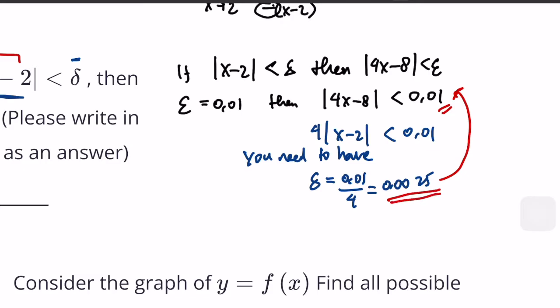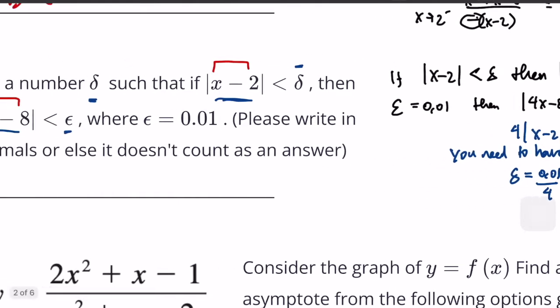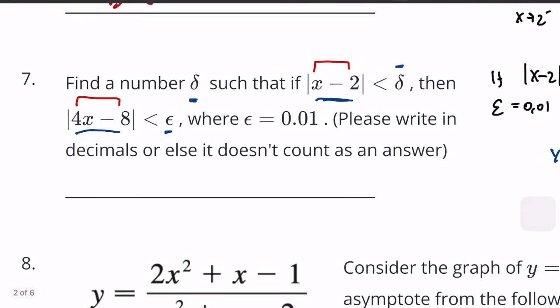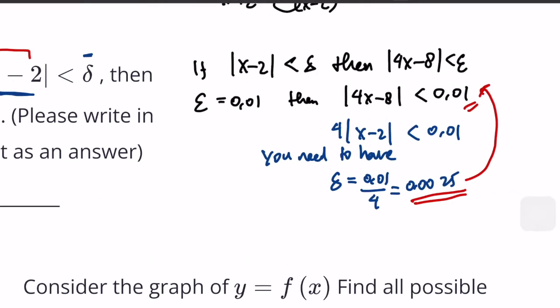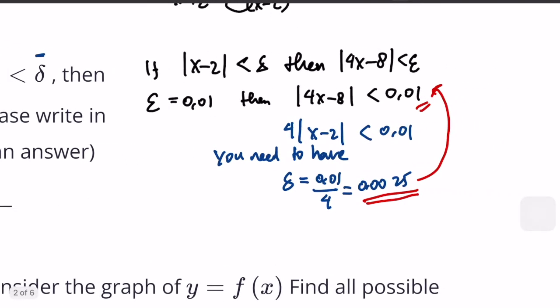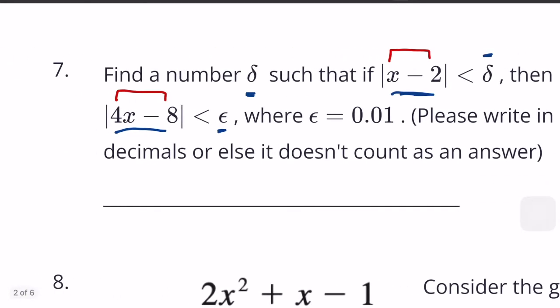Okay, the calculation seems very simple mathematics, but actually it's really about how to prove that there is some delta, which is 0.0025, that is actually getting 0.01 of epsilon. So this will be 0.0025. Okay.